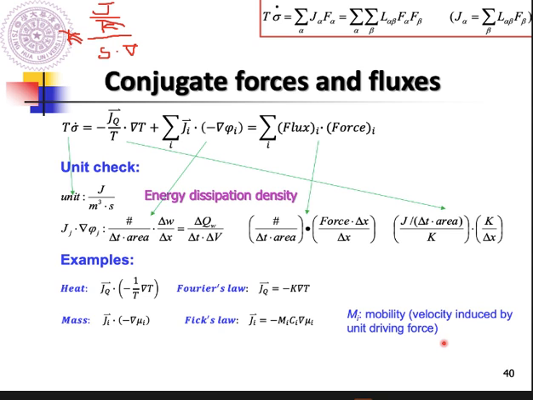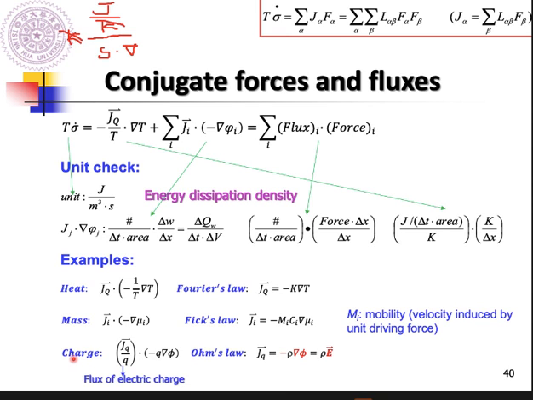So you use the unit driving force to push this atom to move, and the velocity of this atom, we call it the mobility. So it's some kind of m, it's the velocity over force. We call this the mobility of this moving atom. So this is Fick's law.